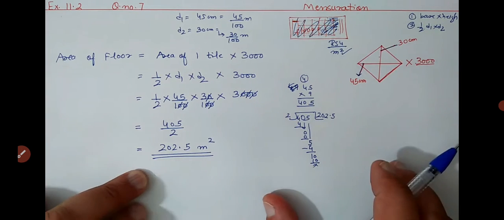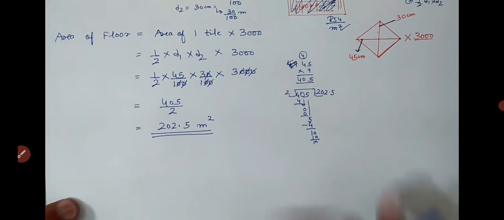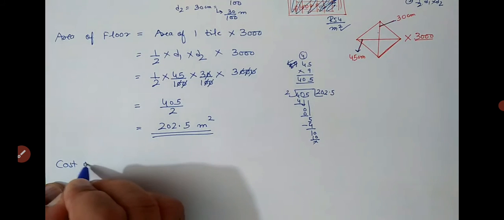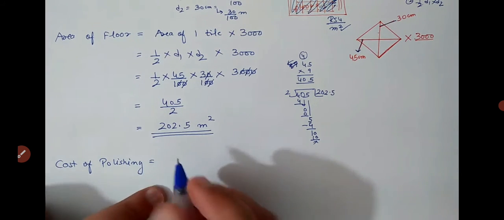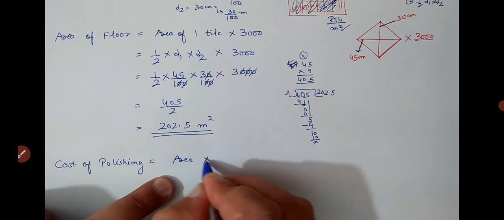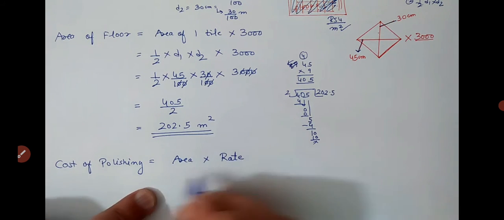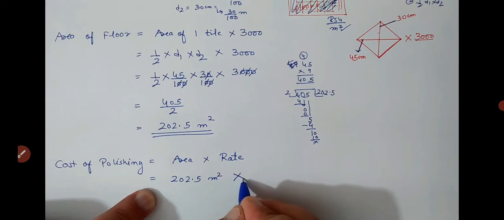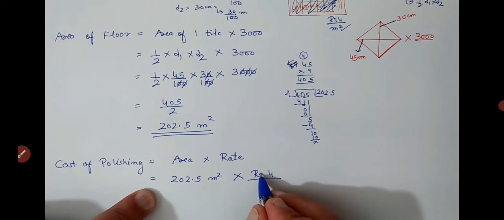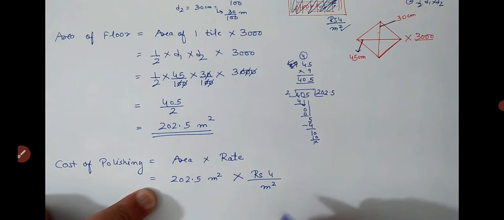Okay, this is the area of the floor. Now what is the price per meter square, that is ₹4 per meter square. Okay, cost of polishing is equal to area of floor into rate of polishing. So 202.5 into 4.